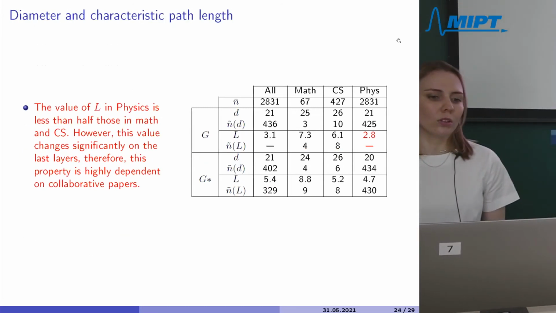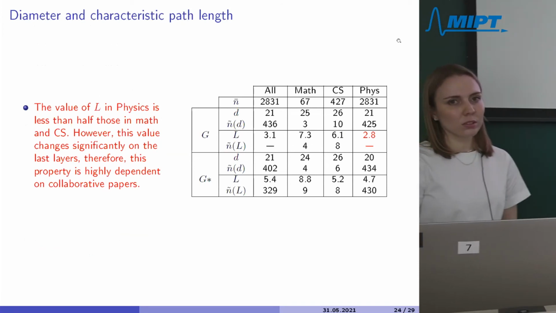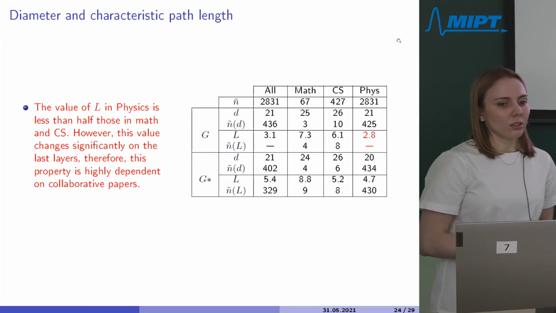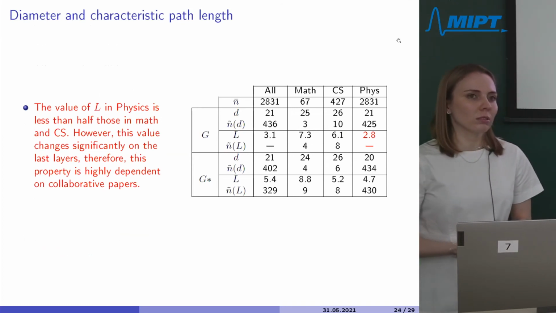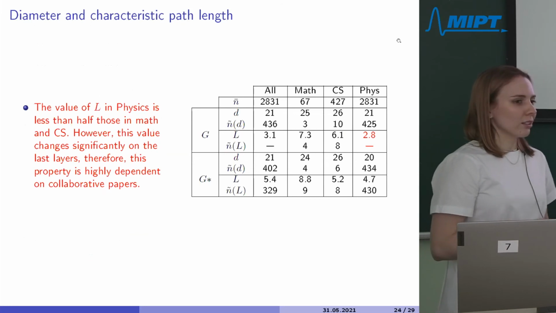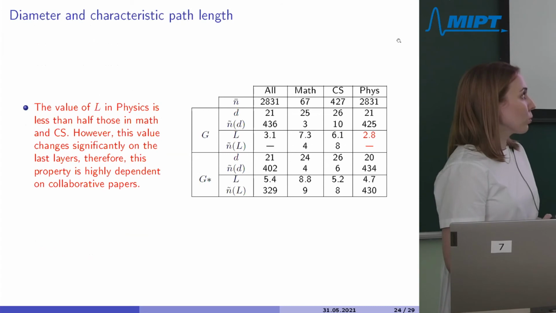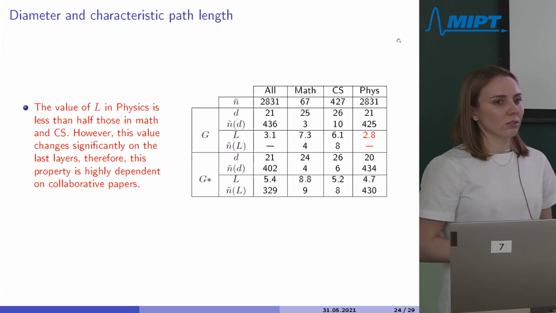So speaking about characteristic path length, here we see that in physics, large collaborations connect authors which weren't connected in the small groups.